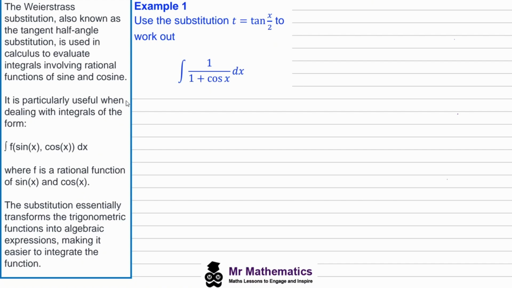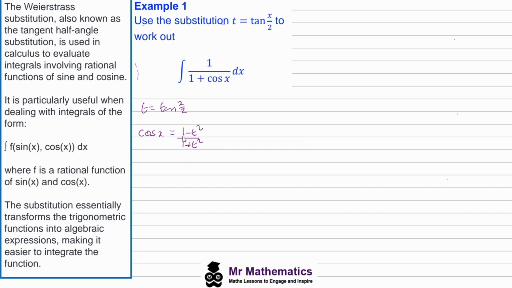So, if we work example 1, we've been told to use the substitution that t equals tan of x over 2 to work out this integral. So if t does equal tan of x over 2, then we should know that the cos of x can be written as 1 minus t squared over 1 plus t squared.